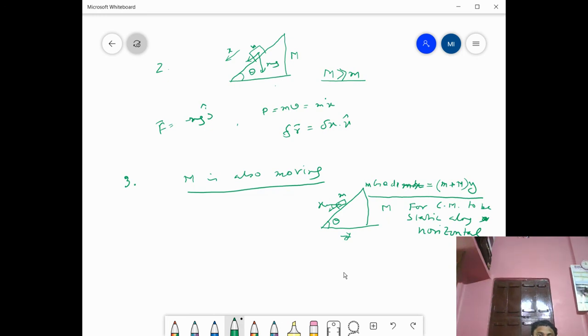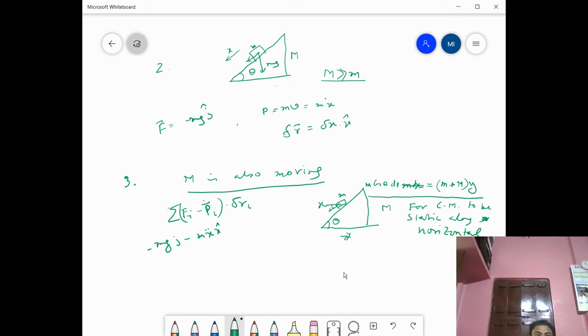Now you have to apply D'Alembert's principle. Here two particles are there, so the summation over F_i minus p_i dot, dotted with delta r_i. Now for particle 1, F_i is minus mg j, minus p_i dot, which is m x double dot x cap.